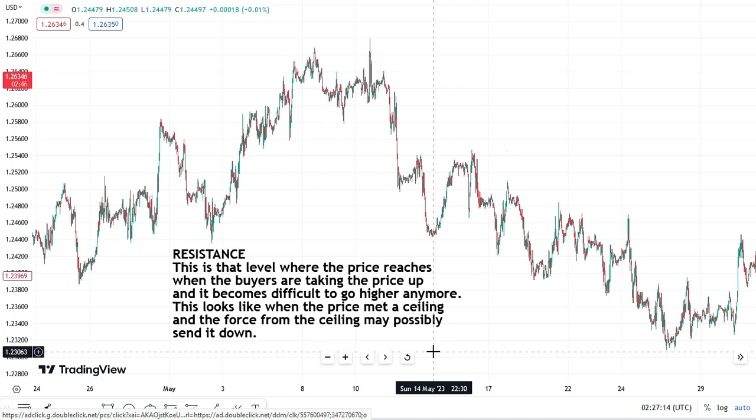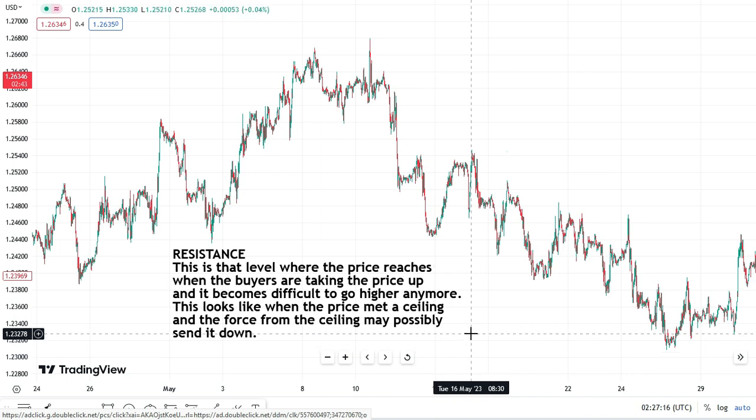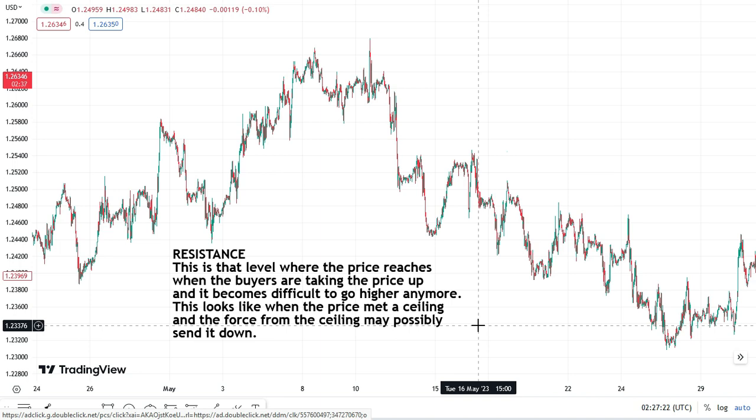You know, I told you that the buyers, when they're in the market, they keep taking the price upwards. So the candlesticks will be going upwards. As they are taking the price up, the candlesticks are building up. Okay, it gets to a level where it is difficult for the price to keep going higher. So that level is the resistance level.